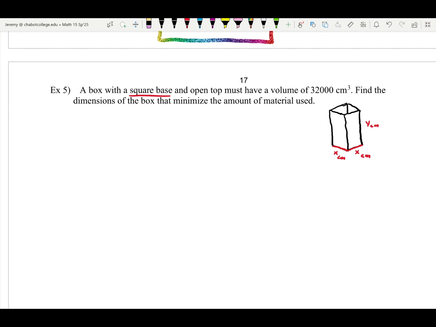And that is the case in this problem. We must have a volume of 32,000 cubic centimeters. So my constraint equation: the volume of this box must be equal to 32,000.